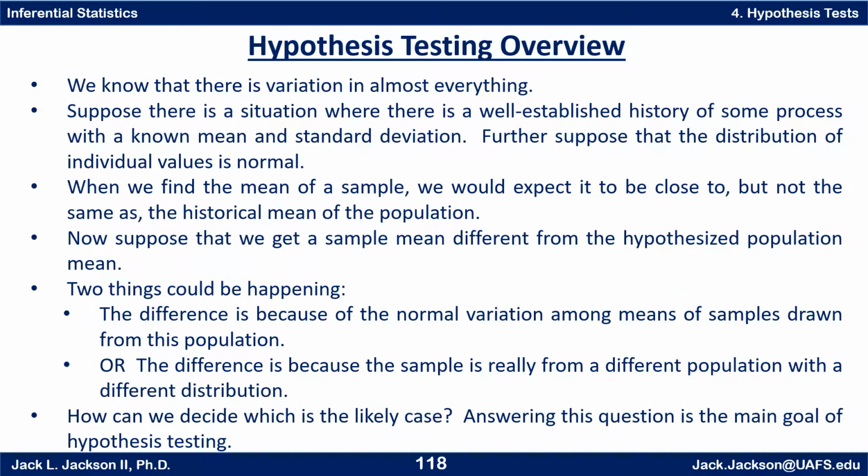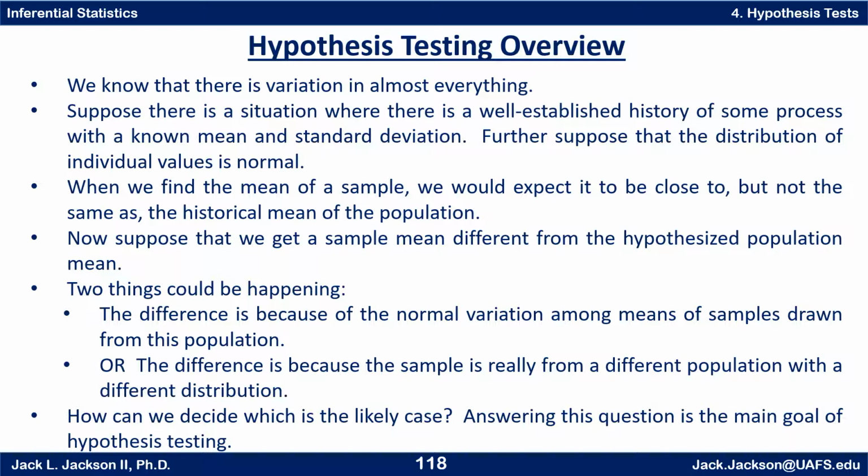So we know there is variation in almost everything. Suppose there's a situation where there's a well-established history of some process with a known mean and standard deviation. Further, suppose that the distribution of individual values is normal. When we find the mean of a sample, we would expect it to be close to, but not the same as, the historical mean of the population. Now, suppose that we get a sample mean different from the hypothesized population mean.